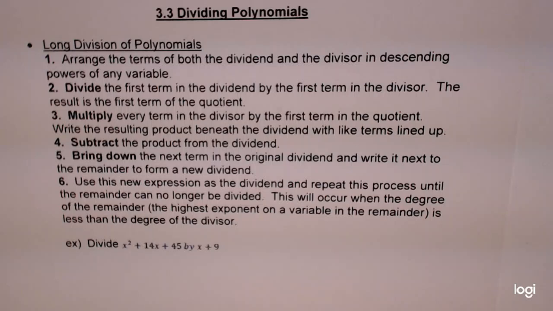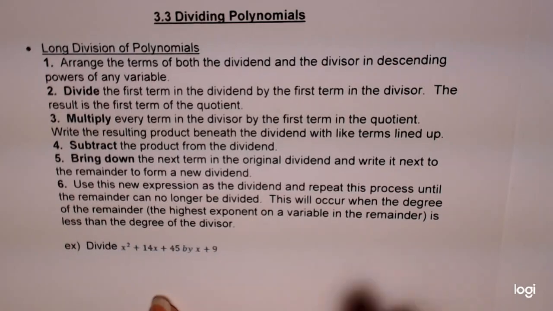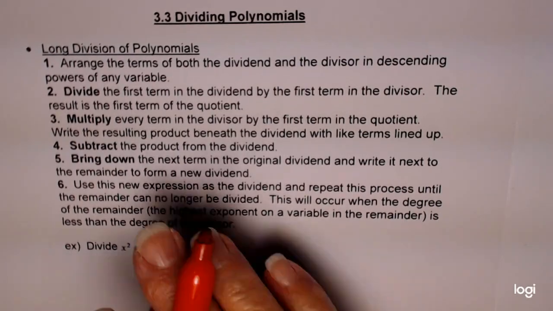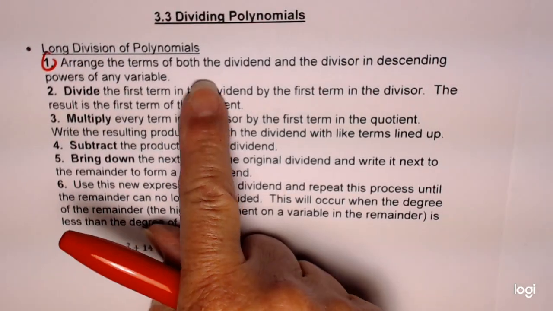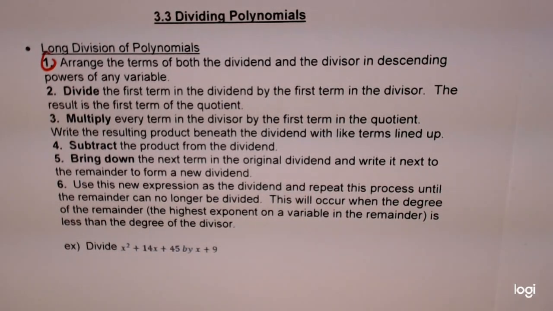So when we're dividing a polynomial by a polynomial, there's a list of steps here. I think rather than go through them in detail, let's jump into an example and then we can come back and look at this. But briefly, the first thing we're going to do is arrange the terms of both the dividend and the divisor in descending powers of the variable.